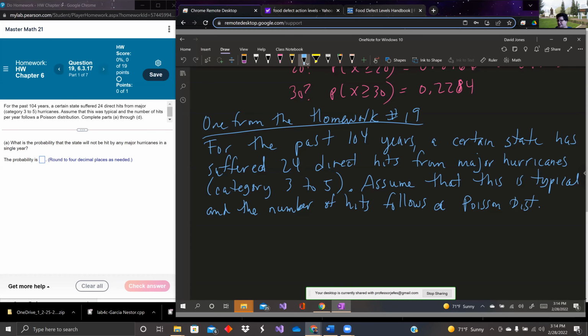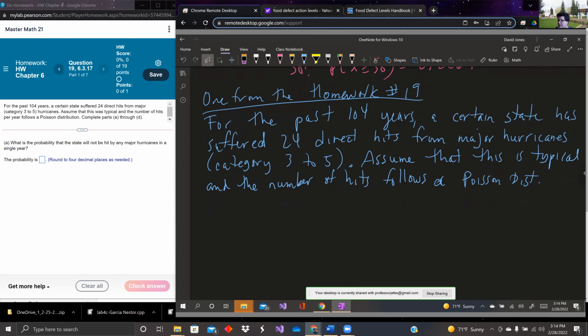Complete parts A through D. A, what is the probability that the state in question will not be hit by any major hurricanes in a single year?